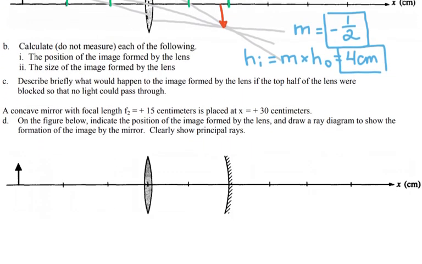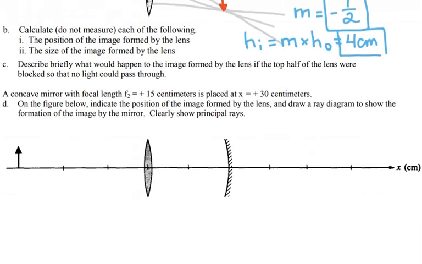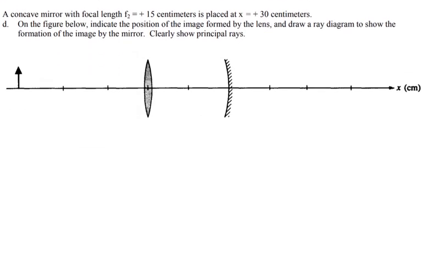For the next question, they say a concave mirror with a focal length of 15 centimeters is placed on the x-axis at 30 centimeters. On the figure below, indicate the position of the image formed by the lens and draw a ray diagram to show the formation of the image by the mirror, clearly showing principal rays.